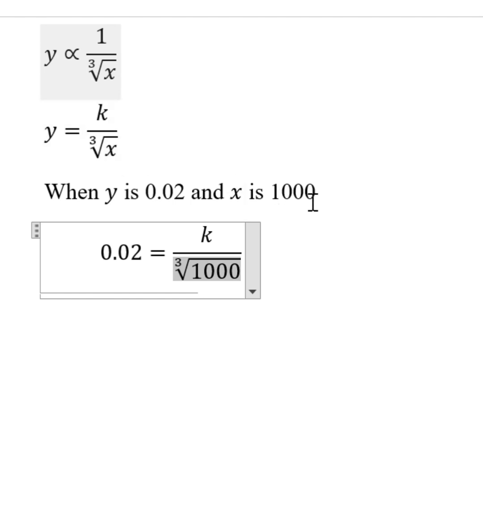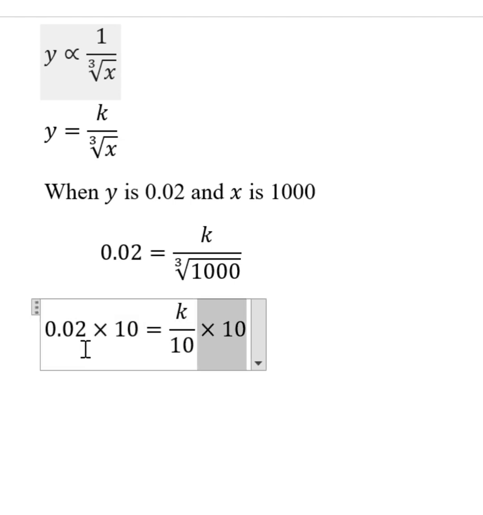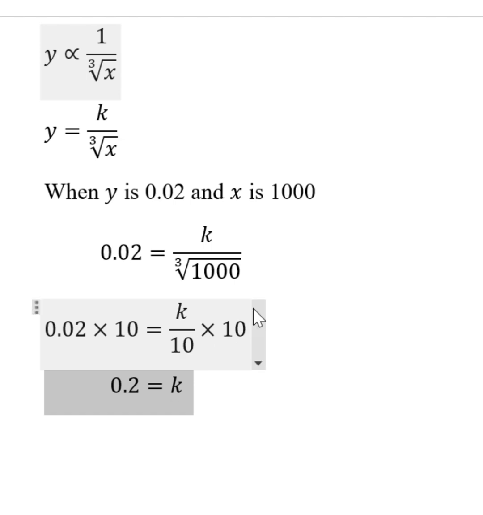And the cube root of 1000 is 10, so 0.02 is equal to k over 10. Multiply both sides by 10, and this gives you 0.2 being equal to k, because this and this cancel. So that means we can write the complete equation as y being equal to 0.2 over cube root of x, because we have found the value of k to be 0.2.